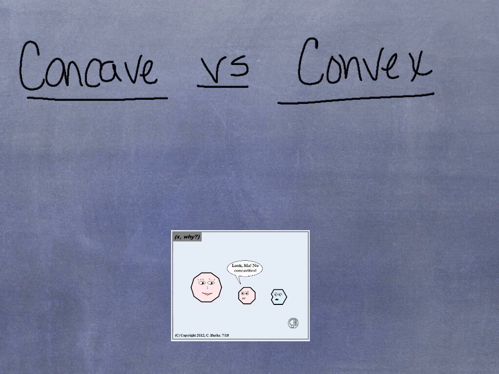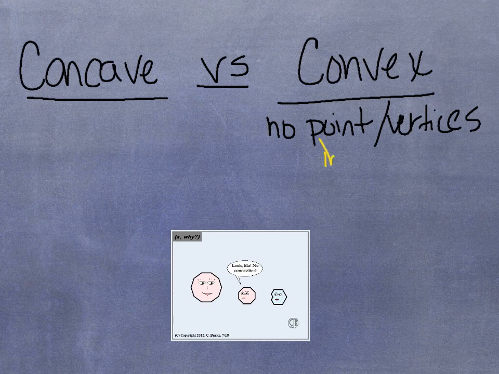And for a polygon to be convex, there should be no points or vertices in the interior of the polygon. And I'll explain what that means in a minute. You can also use the convex test that tells you to extend any side in the polygon, and it should not intersect with any other side. So again, the basic thing is it can't have any intersecting sides, so no vertical angles that are being created.